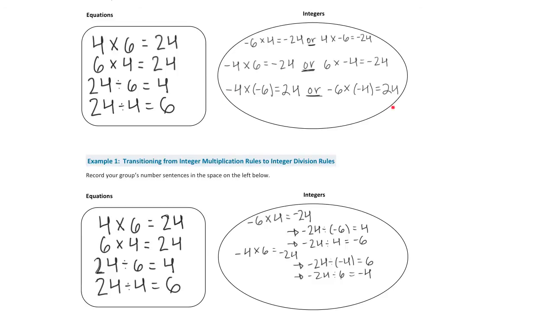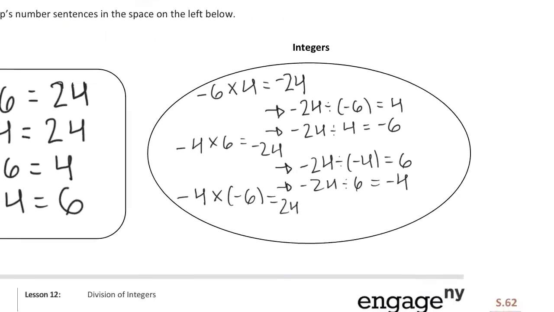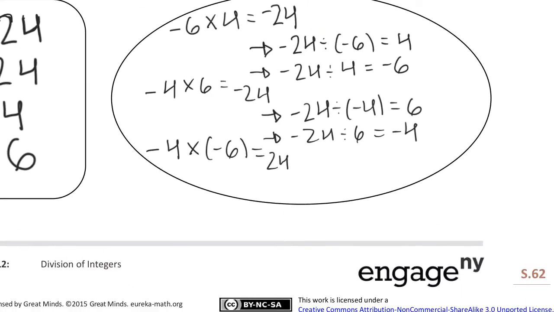Now we're going to use our next equation from up here. We have negative 4 times negative 6 equals 24. All right, so now our division problems are going to look as such.